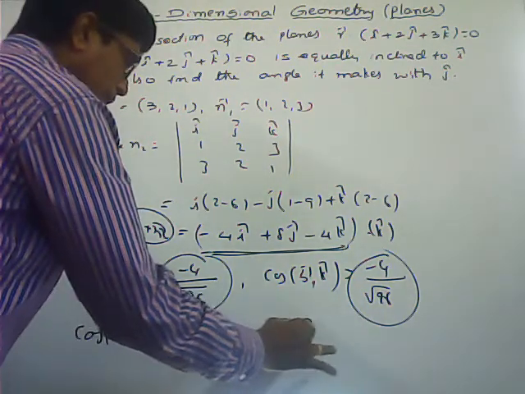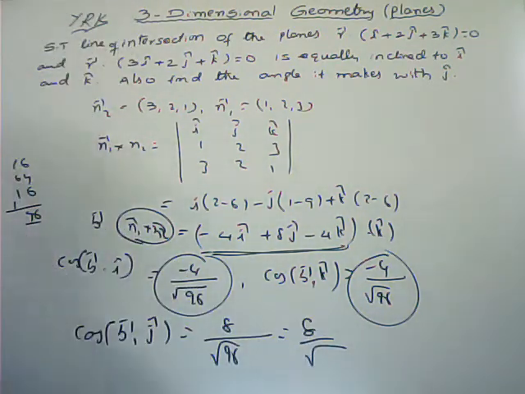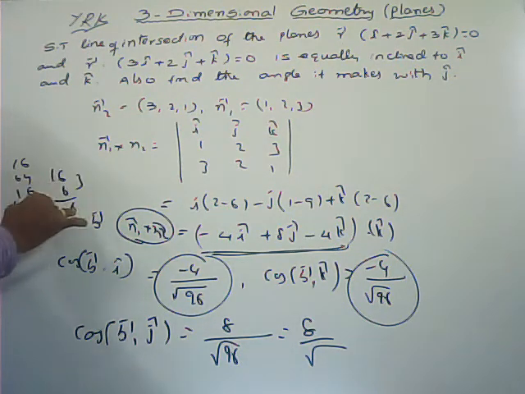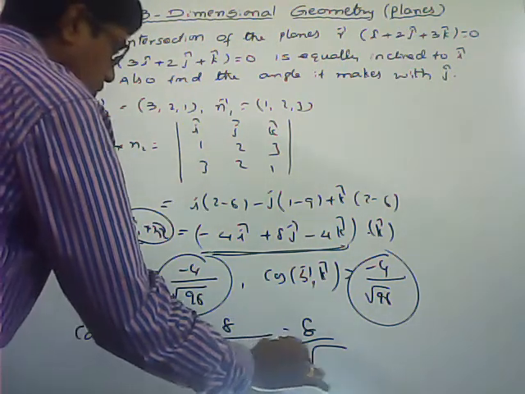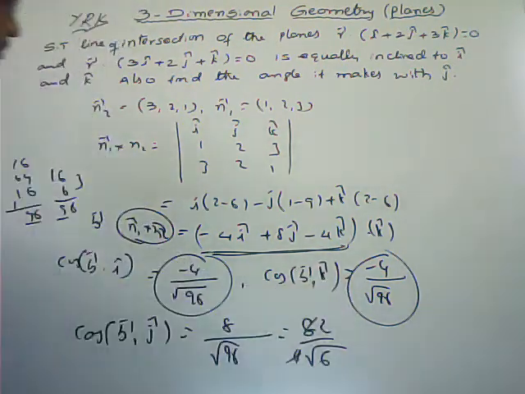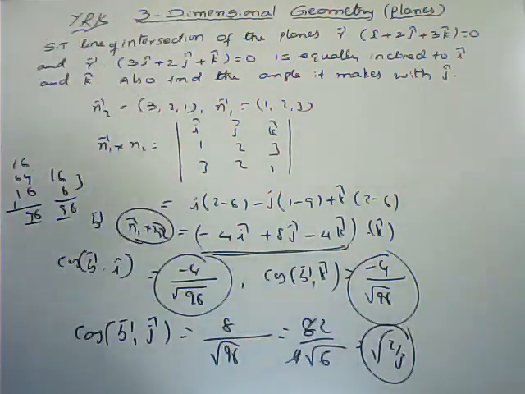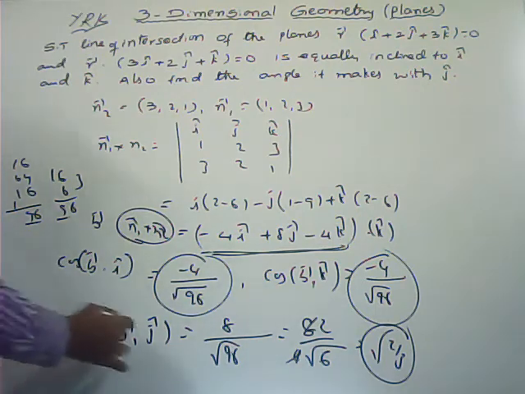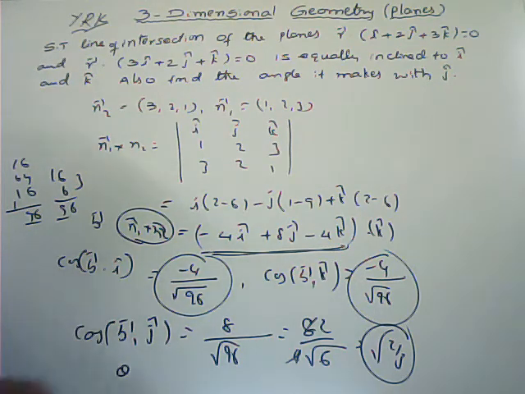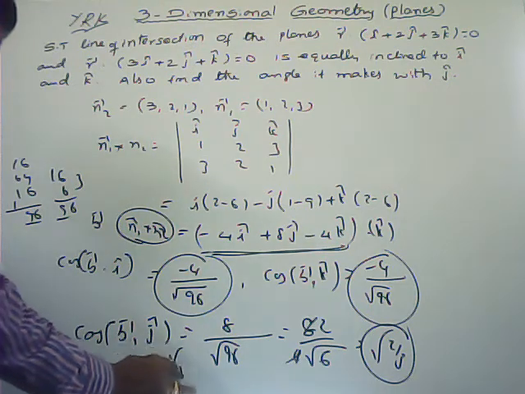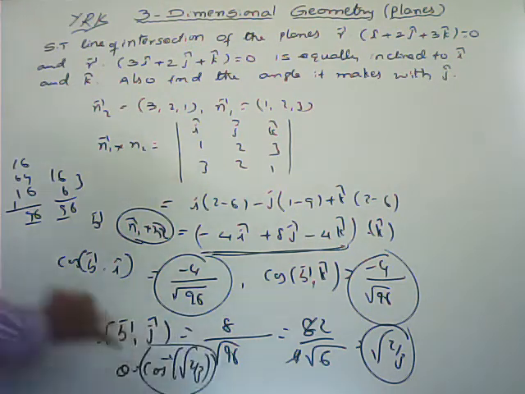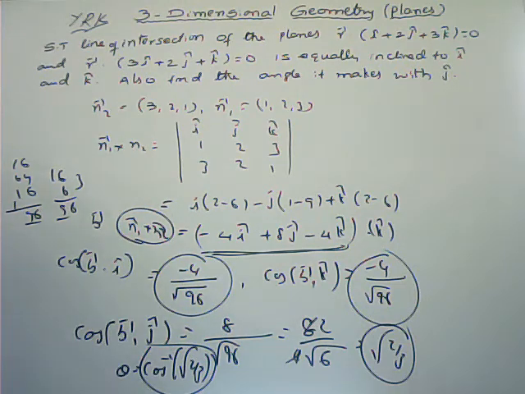So here 8 by root 96, I can write as root of 16 by 6, that is 4 by root 6, which is 2 times root 3 into root 2, so root of 2 by 3. I am taking this as cos theta. So theta is equal to cos inverse of square root of 2 by 3. This is the angle made by the line of intersection with j cap.